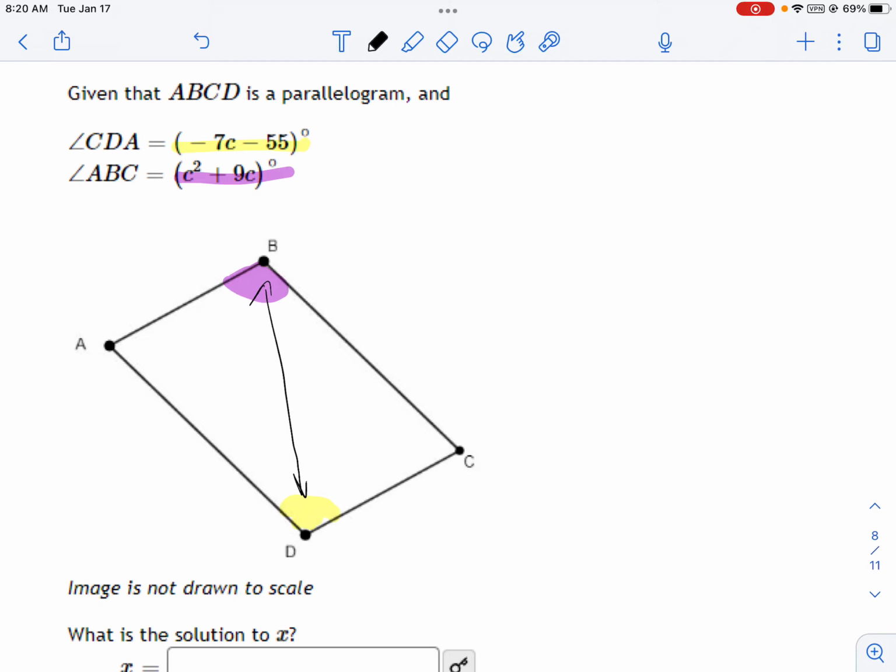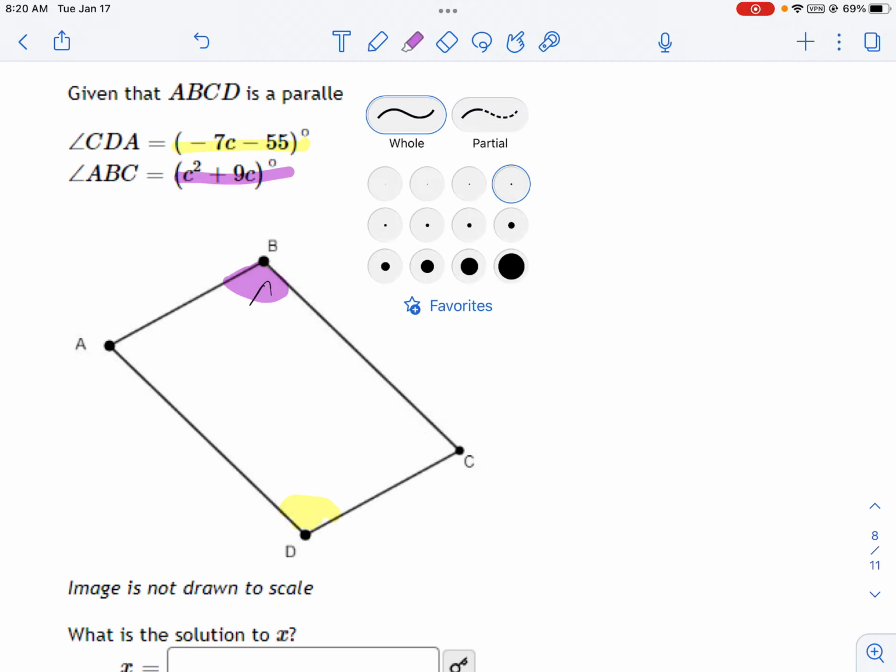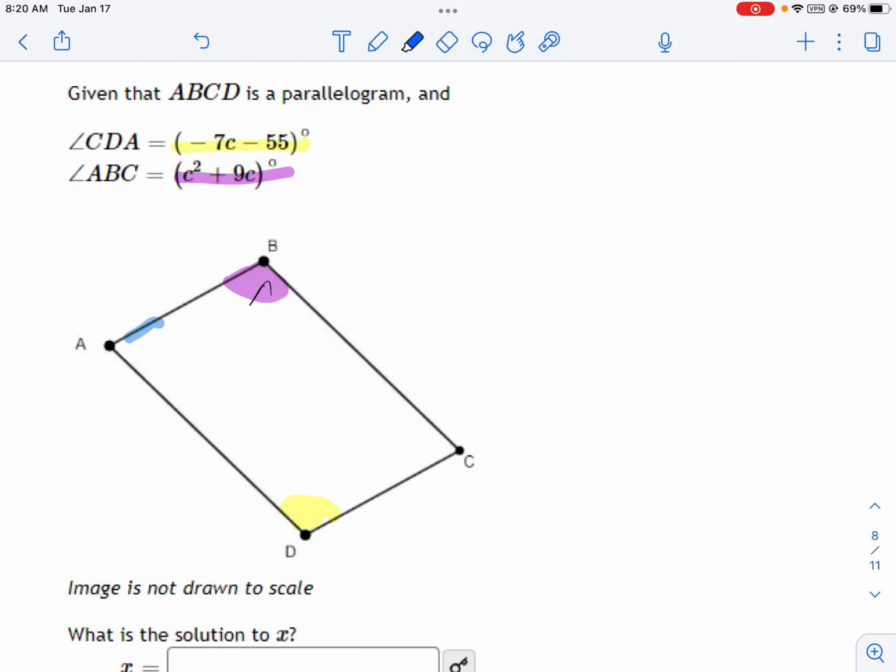What if they weren't? What if instead we had, say, this angle over here, angle B? Well, these would then be adjacent and they would add up to 180 degrees. So if they're adjacent, they add up to 180, but we don't have adjacent angles here. We have opposite angles, and those are congruent.